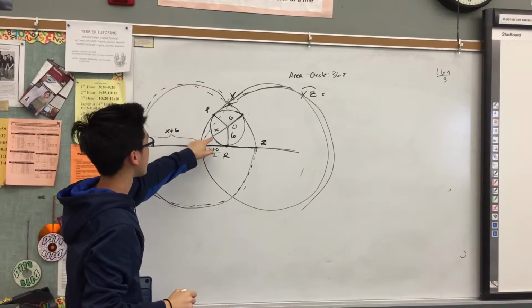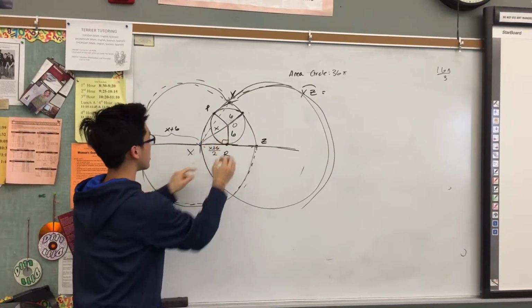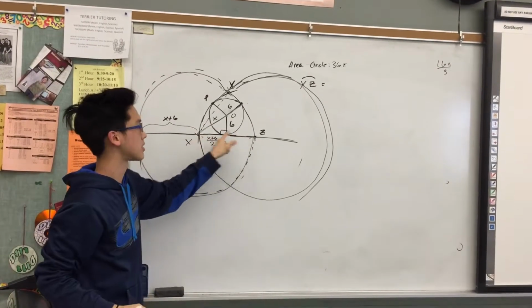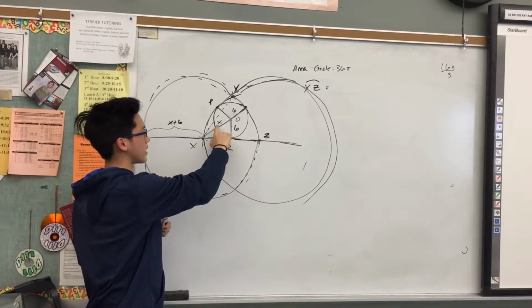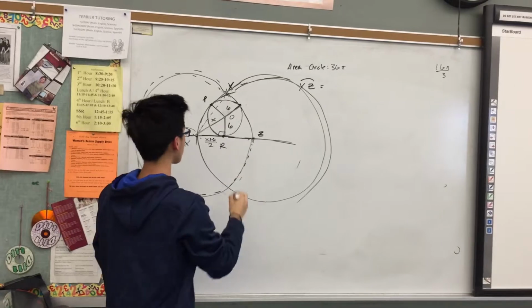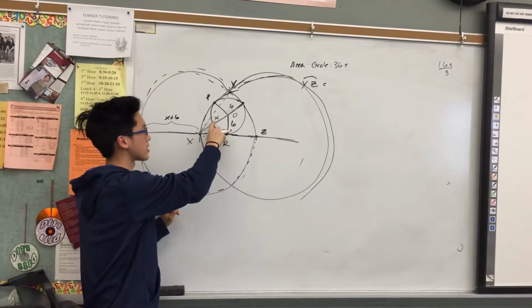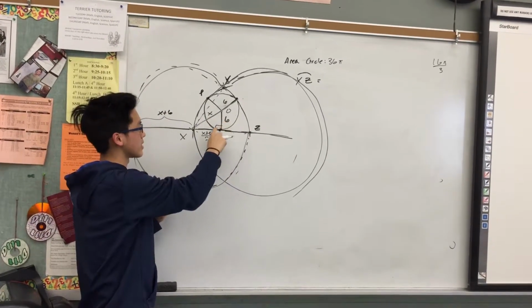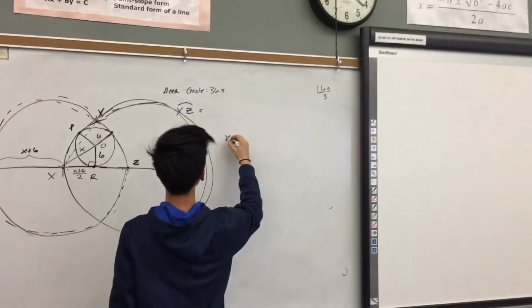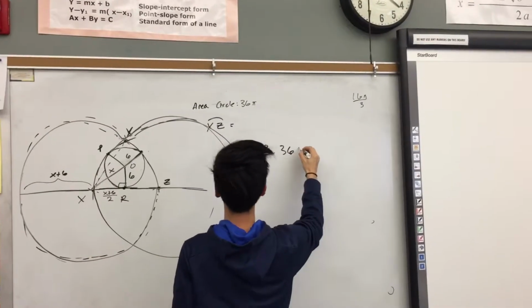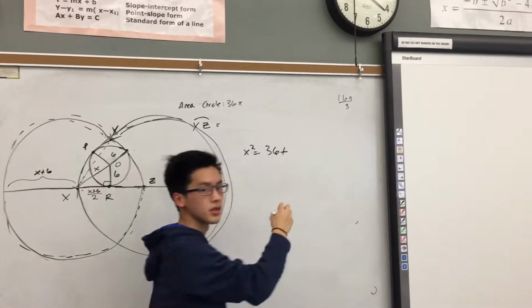So now that we have a triangle right here, and we know that this is a right angle because XZ is tangent to the circle, because we have a right triangle, we are now able to find x using the Pythagorean theorem. So we have a triangle with hypotenuse x and side lengths 6 and (x plus 6) over 2.